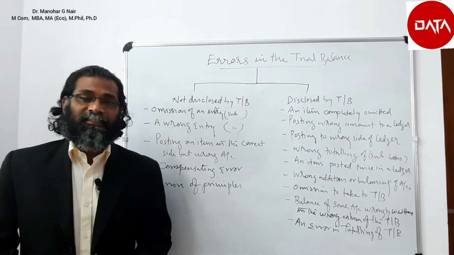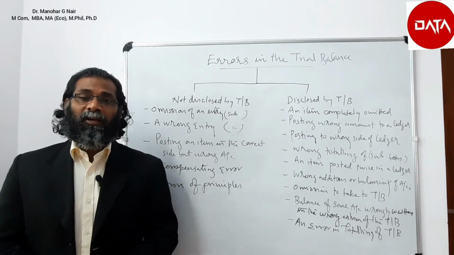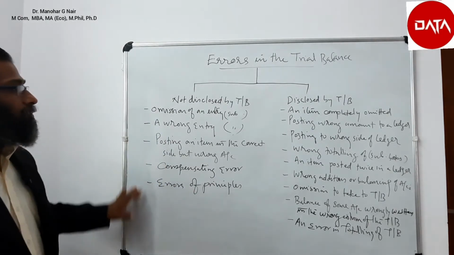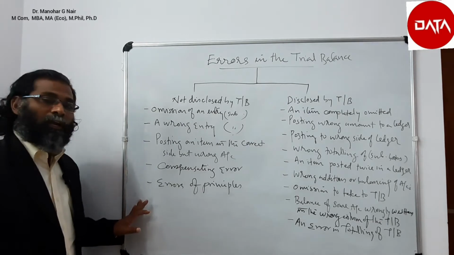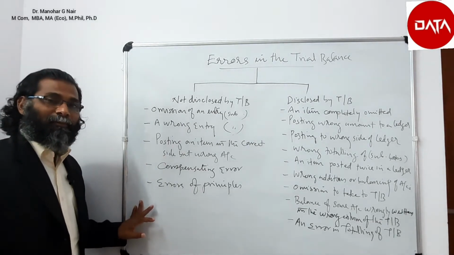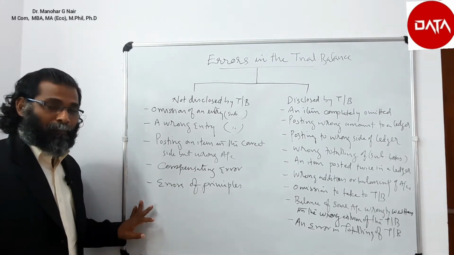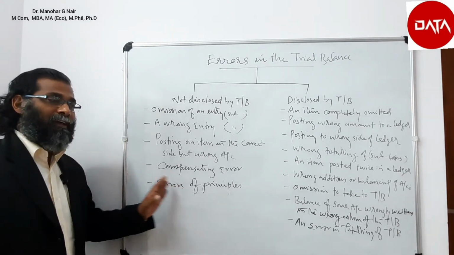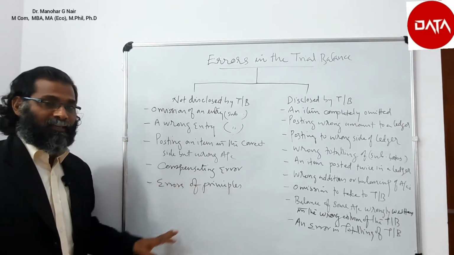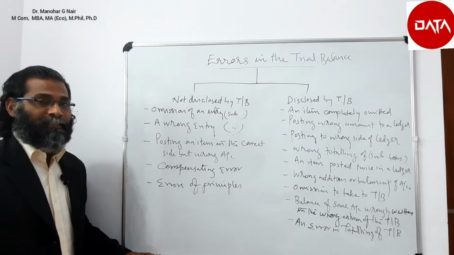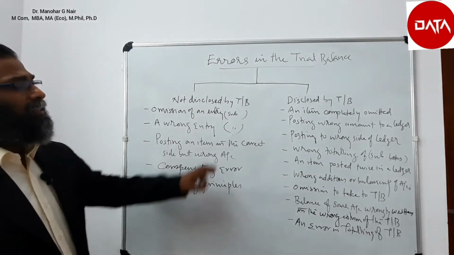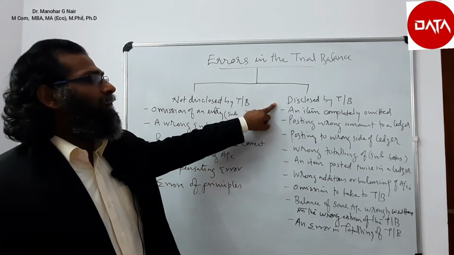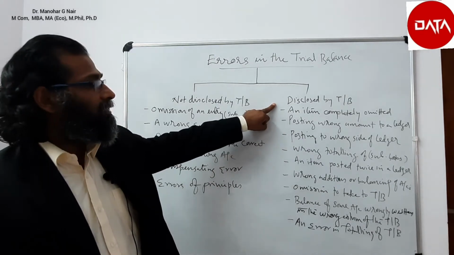So such a mistake is said to be an error of principles. So these are the major types of errors which will not be reflected by the trial balance even if we prepare it. Both sides of the trial balance, that is the debit column as well as the credit column, will show the same balance.